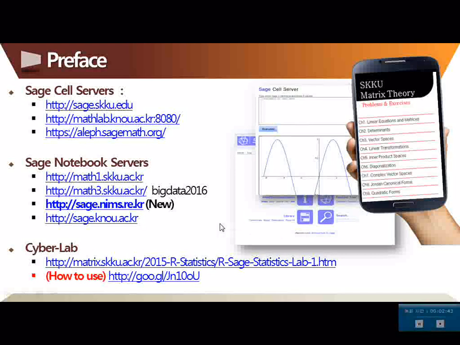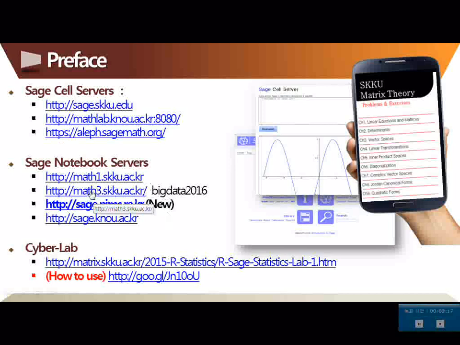In order to deal with those data, we need a tool to be used. We need a computer algebra system. Now I introduce you to Sage Math, which you can find at these addresses, and the Sage Notebook server, where you can generate your ID and password.